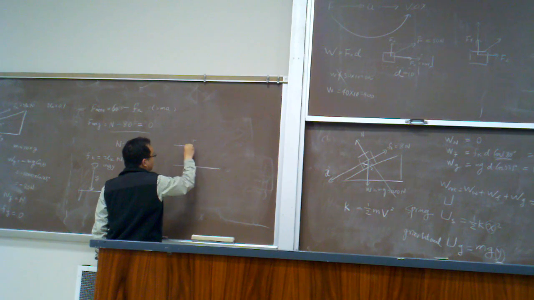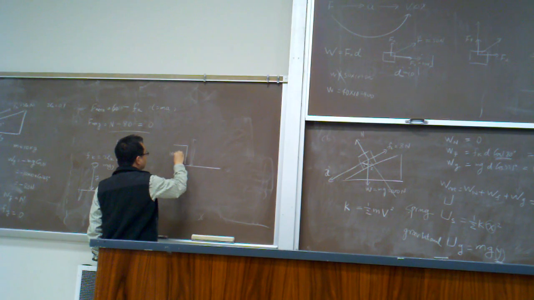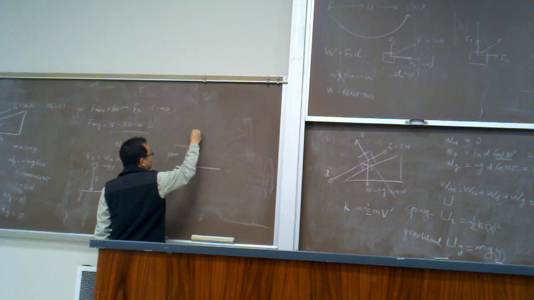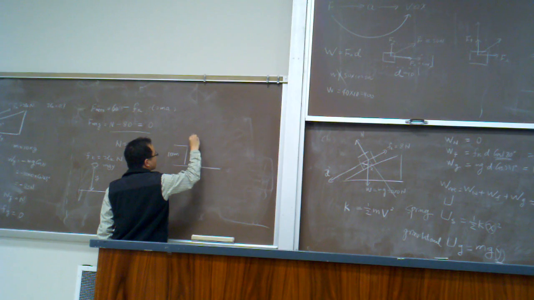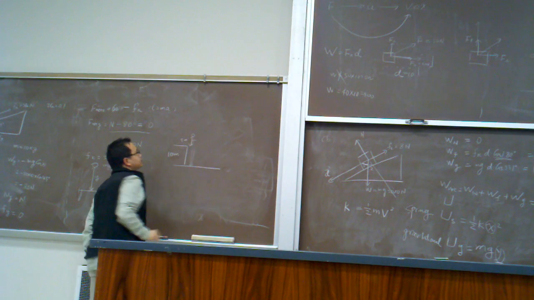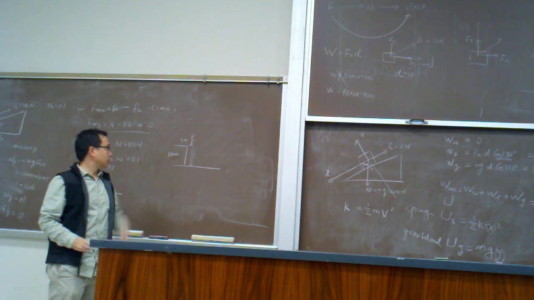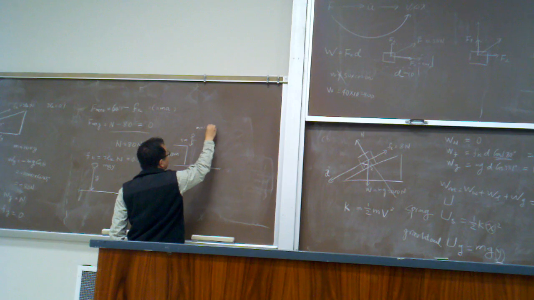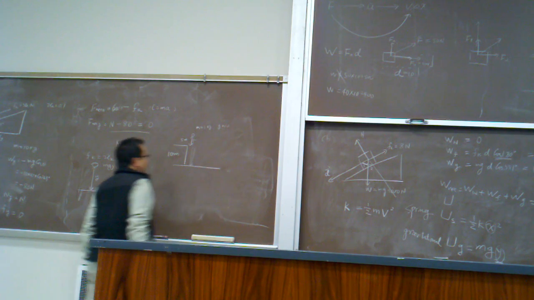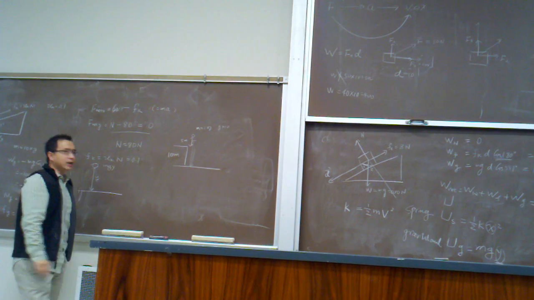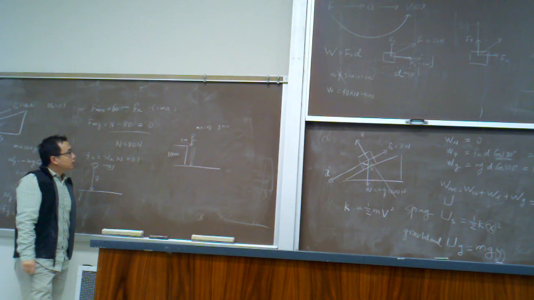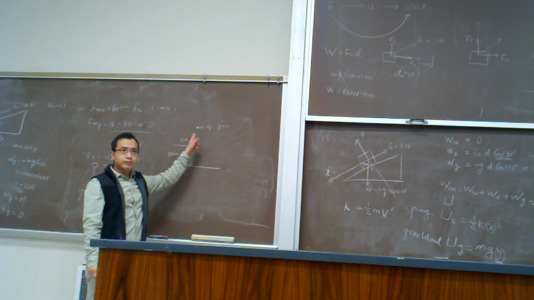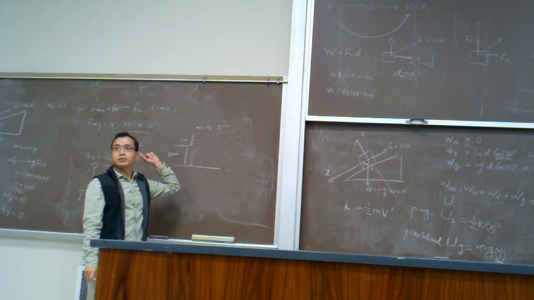Let's do an example. If you have a building that is 10 meters tall, and a ball which is 5 meters above the top of the building, the mass equals say 1 kilogram, and for g we use 10. Now, if we try to calculate the gravitational potential energy of this ball, please note that you don't have a unique answer.